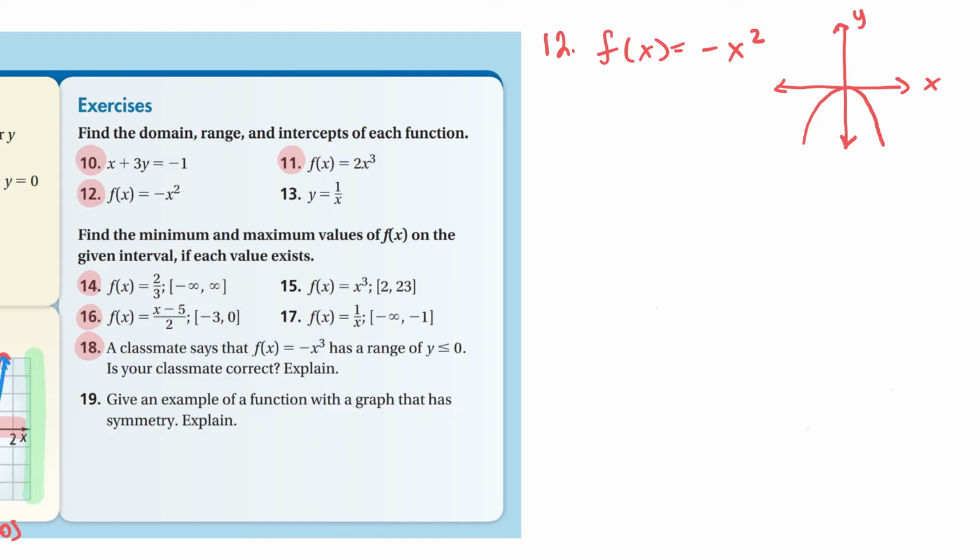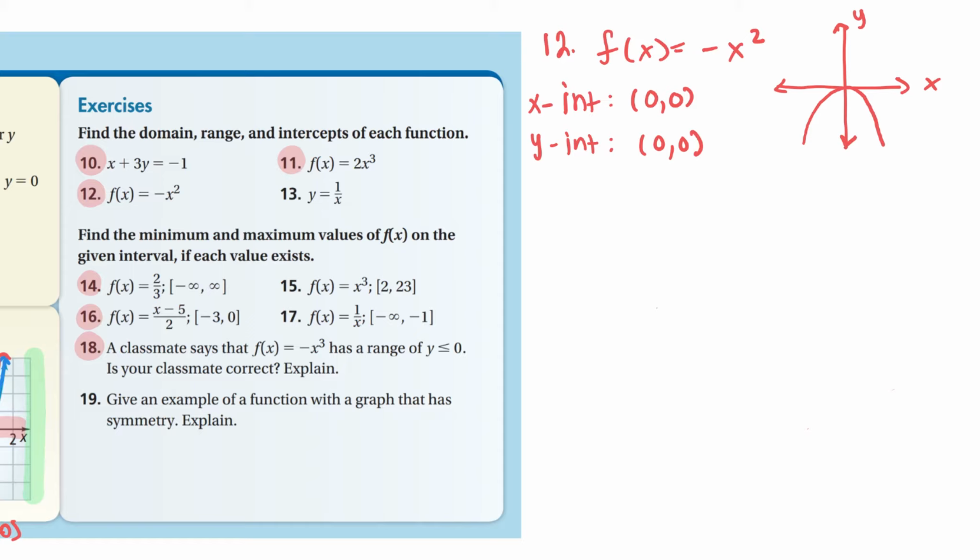We have to identify the intercepts. So what is the x-intercept and what is the y-intercept? And if you said they're the same ordered pair, then you're correct. It's the origin, it's the same ordered pair, okay?